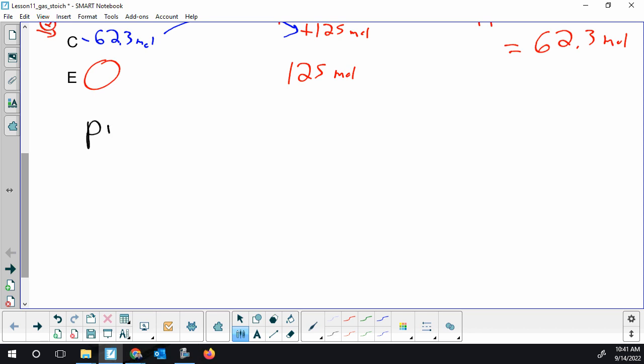So PV equals nRT would be your starting point, the ideal gas law. We want volume. You end up dividing both sides by pressure, and you can isolate for volume.